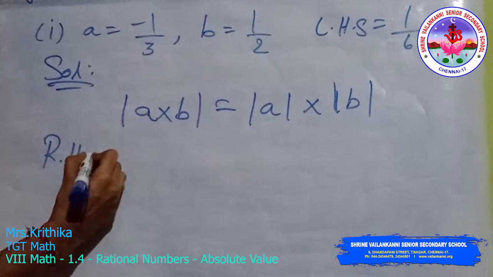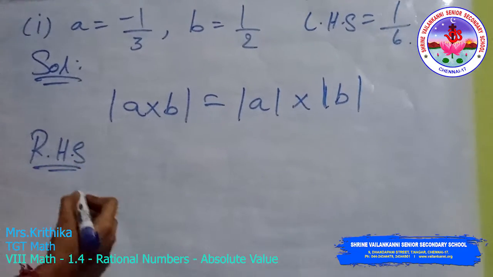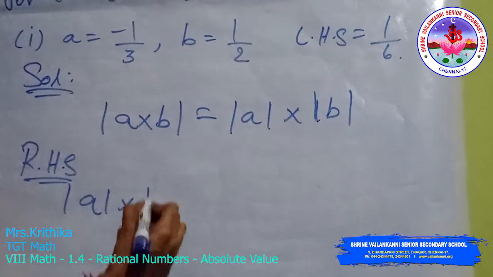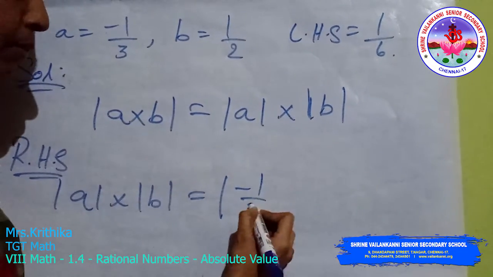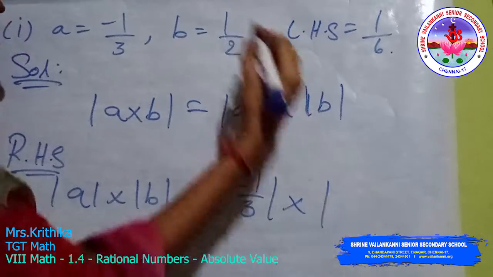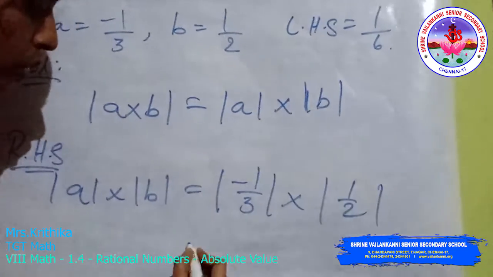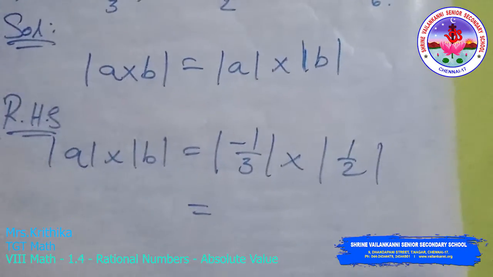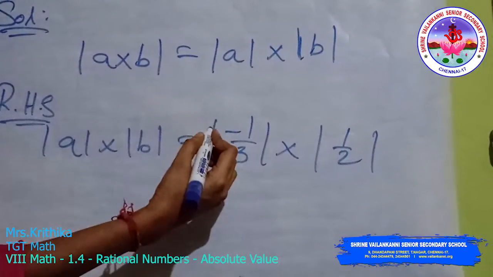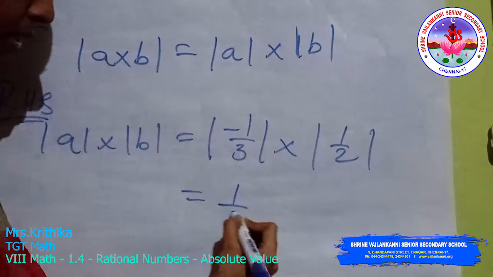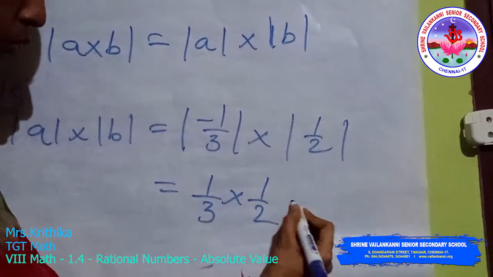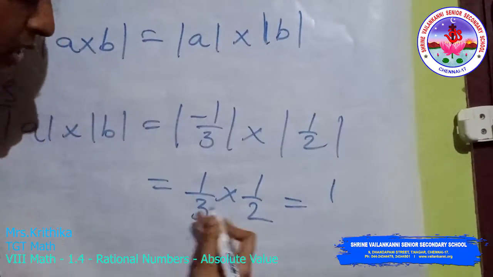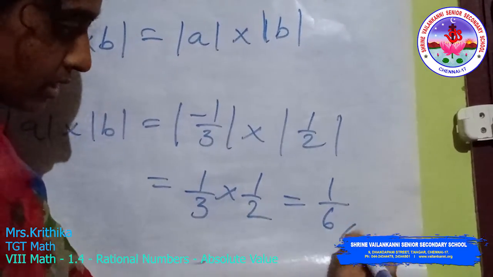RHS: modulus of a into modulus of b is equal to modulus of a value minus 1 by 3 into modulus of b value 1 by 2. Find the absolute value. Modulus of minus 1 by 3 is 1 by 3, into modulus of 1 by 2, which is 1 by 2. 1 into 1 is 1, 3 twos are 6.